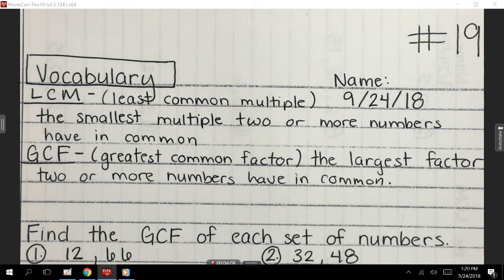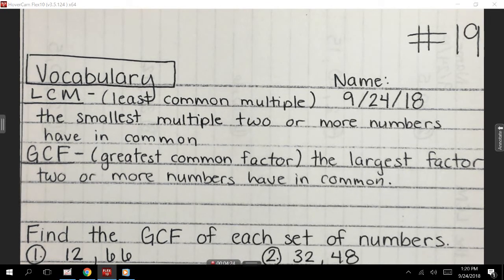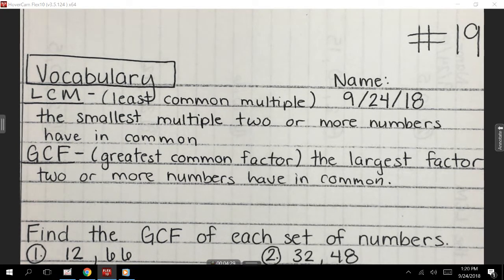Sometimes when I simplified, I would have to divide twice or 3 times. What if this was a guaranteed way to where you only had to divide 1 time? That's what the greatest common factor is. It's the biggest number that will go inside of both.